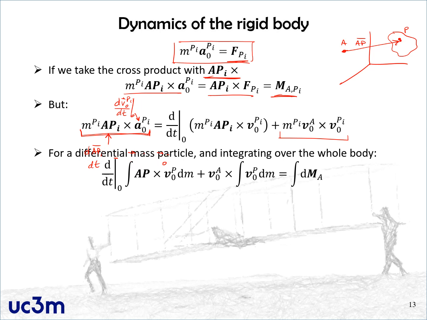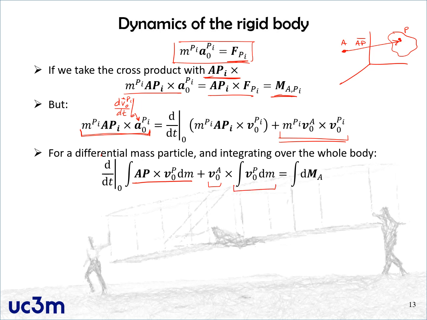So when we put this into the integral, we have to keep all of this inside the integral because it depends on point P, which is the point that varies inside the integral. In the case of the second term over here, V_A is a constant, and we can keep it outside. All right.